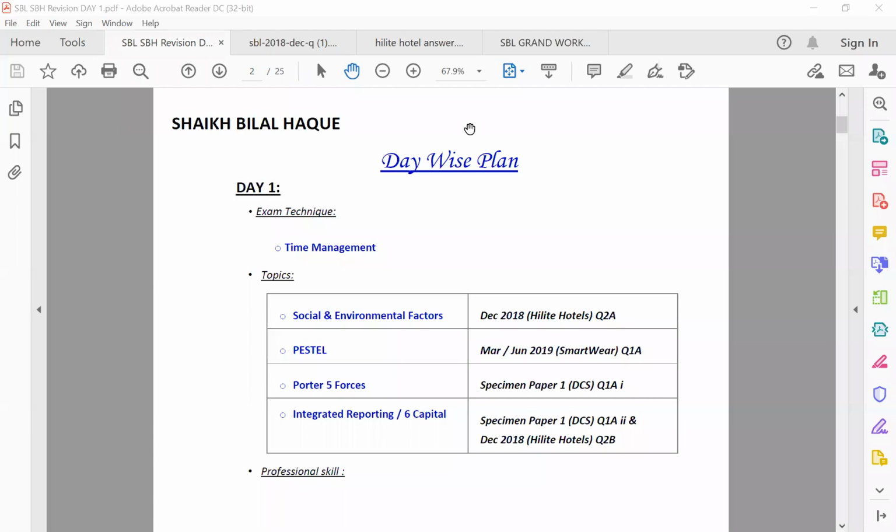Now, when I talk about format, remember that these formats apply to all those questions where you will be getting professional marks. The first and foremost thing is that even if the question says you do not have to write the entire report, and you are only asked to write the extract of the report, you will still prepare the same report format. It will hardly take you 30 to 40 seconds to prepare a report format, so there will not be any time constraint.